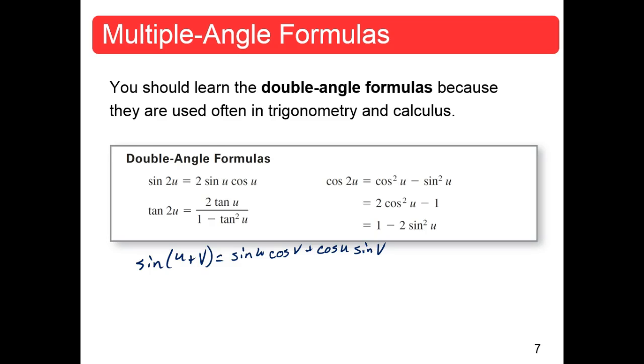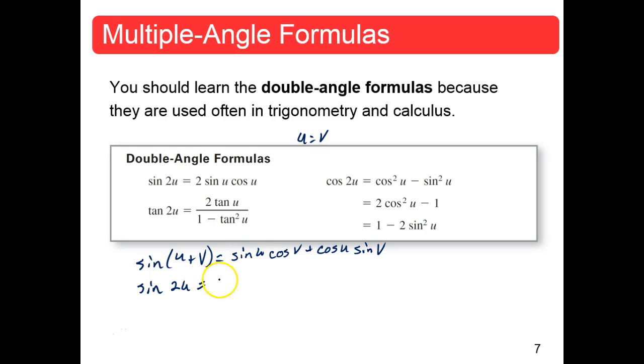Good. All right. Now, here's a supposition for you. What if U is equal to V, or V is equal to U? What would this be then? Sine of U plus U, which is 2U. Okay, you know that one, right?